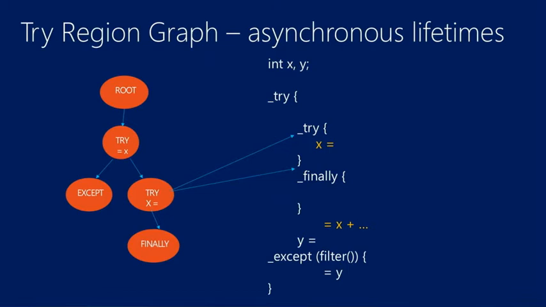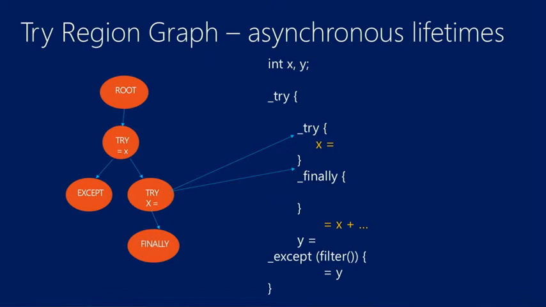So what the compiler does is it starts out by saying, okay, anything that's involved in the exception handling, we take the address of it and assume that it's been globally aliased. And then we use the region graph to go through and reason about whether that address taken really needs to hold based on the properties for the nested exception handling.